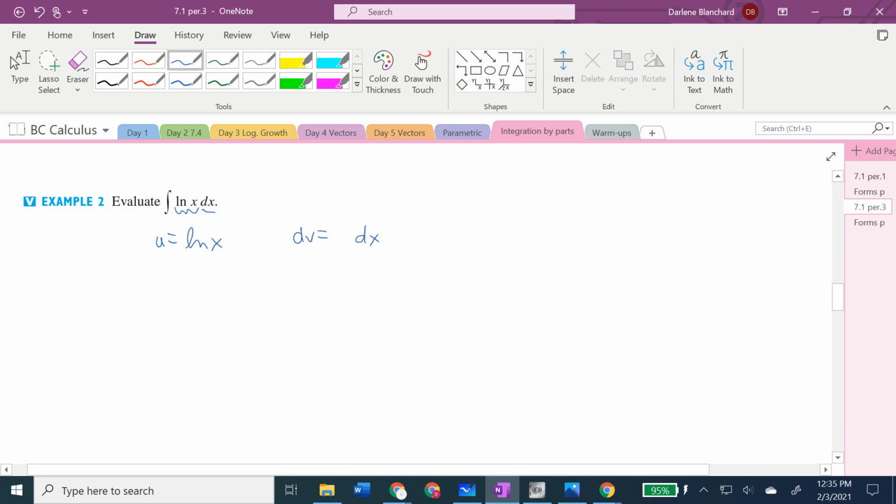Everything that is not the logarithm is the dv, and this is a case where we're actually working with 1 being that derivative function, 1 times dx. Now, you know the derivative formula for a logarithm. Now, if you are integrating 1 with respect to x, what do you get?